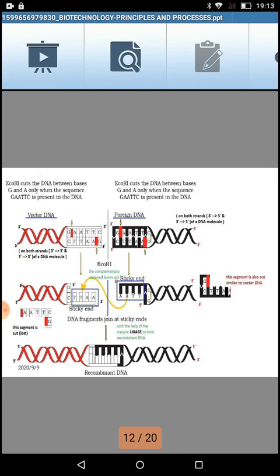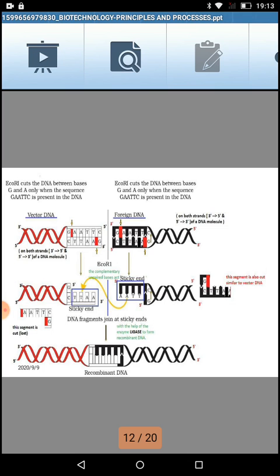So this is the first process of biotechnology: first the cutting has to happen with the same restriction enzyme in the vector and in the foreign DNA, and then they are stuck together to form a recombinant DNA. Now this vector is ready to go inside a host for further gene multiplication.